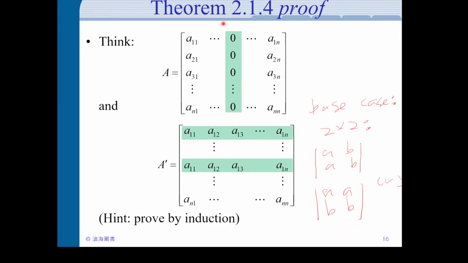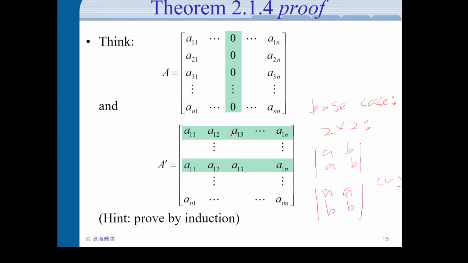Now you have a row and a column that are the same. Then you want to see that the determinant of this matrix is equal to 0. Once again, we need to prove by induction. And here the induction is a bit more complicated, because the base case is not 1 by 1 anymore.